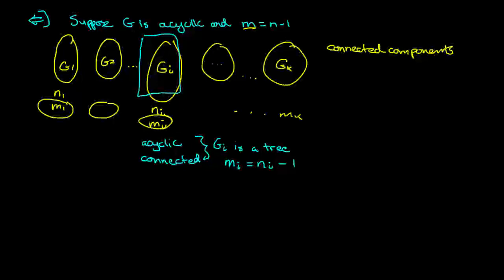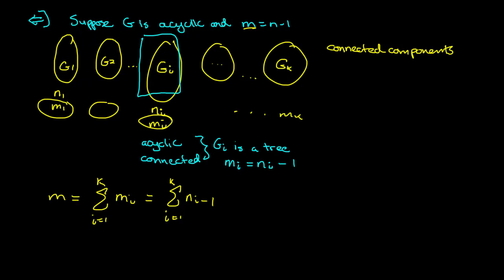So we know that M, the number of edges in total, is just equal to the sum of all of these Mi's, where I goes from 1 up to K. But we also know that each individual Mi can be written as Ni minus 1, where I goes from 1 to K.